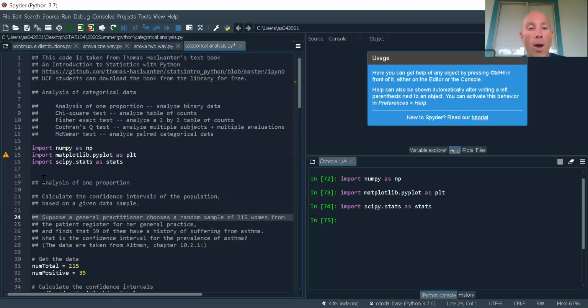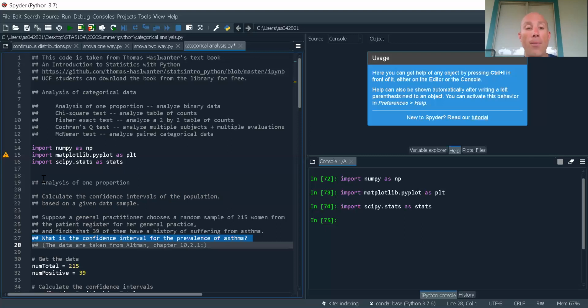How much confidence can I put into my measurement? All right, so in this story problem, suppose that there's a general practitioner that chooses a random sample of 215 women from their patient registry, and they find that 39 of them have a history of suffering asthma. And so what is the confidence interval of the prevalence of asthma in his sampled population?